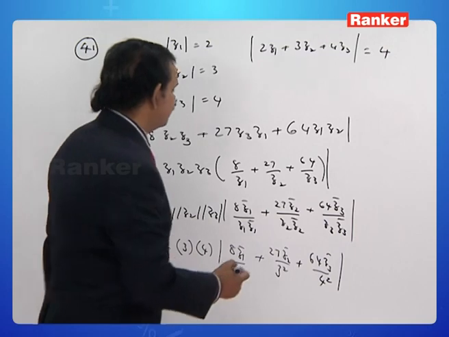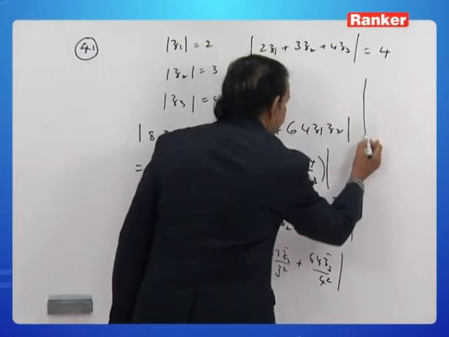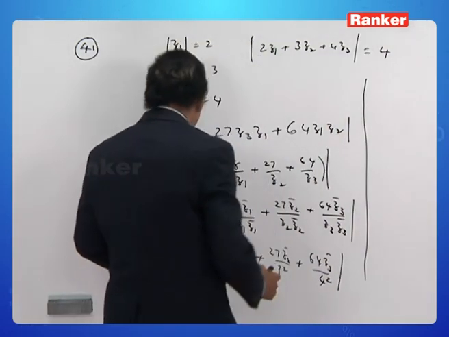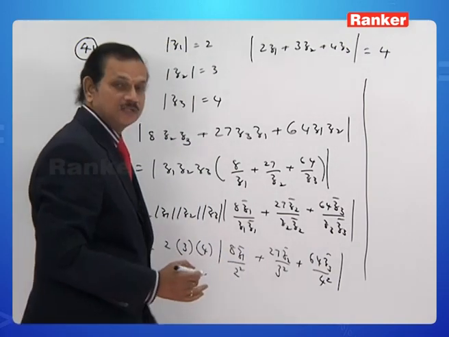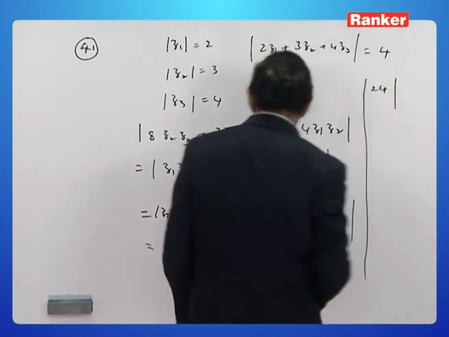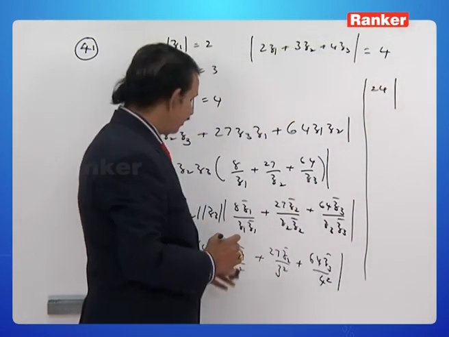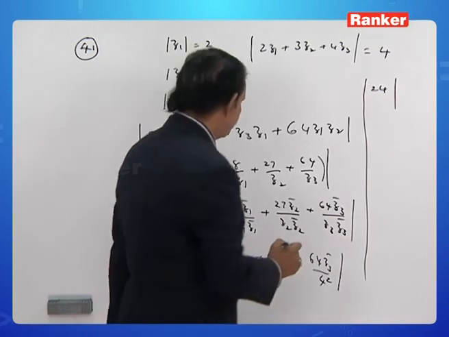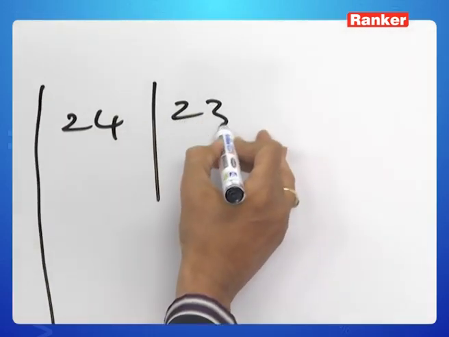Let us now simplify this still. 2 into 3 into 4 is 6 fours are 24. 24 into, what is 2 square? 4. 8 by 4 is 2. So this is 2 Z1 bar.